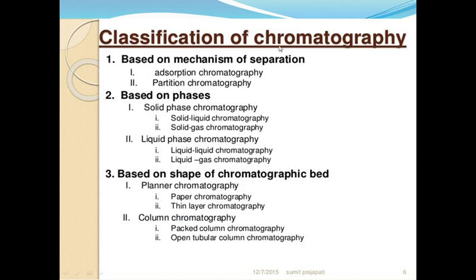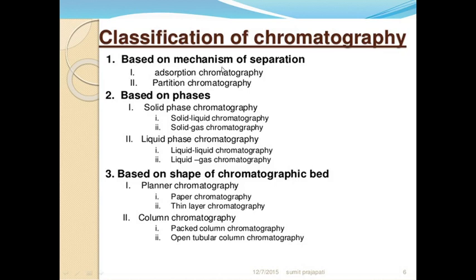We can classify chromatography based on mechanism, or you can say principle, based on the physical state of the phases, and based on the shape of the chromatographic bed. Bed means stationary phase. Particularly the first two are very important.